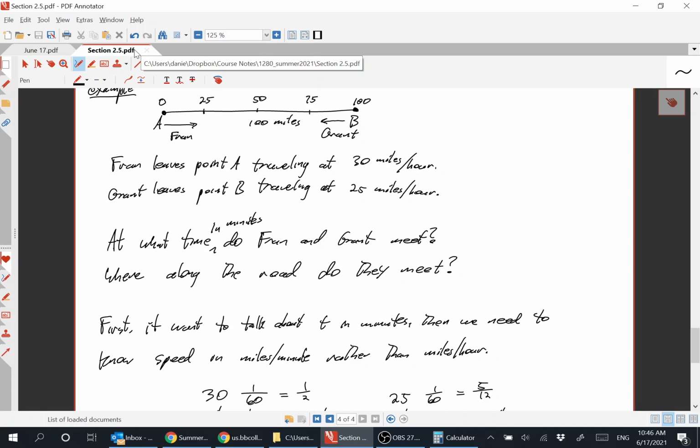So that's section 2.5. So again, we started talking about lines again, but now we're starting to bring in ideas of physical situations or economic type situations, different sorts of situations in which you take verbal information and change it into mathematical information.